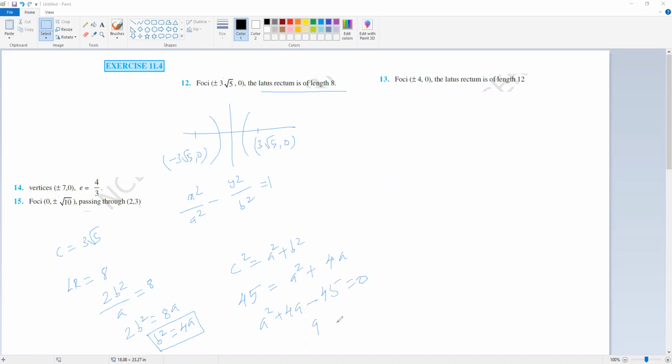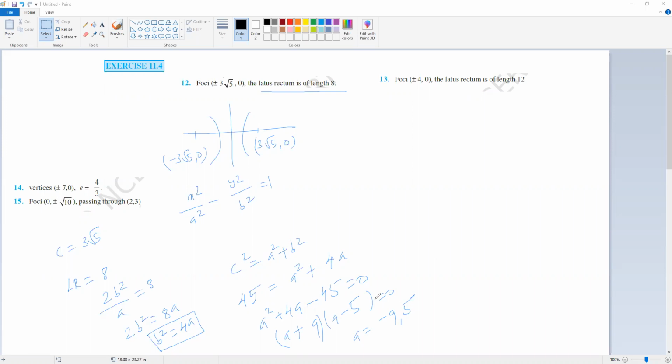So we have two numbers, 9 and 5. So (a plus 9) into (a minus 5) is equal to 0. So you will get a is equal to minus 9 and a is equal to 5.